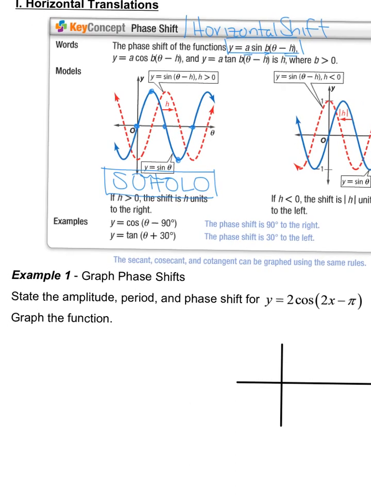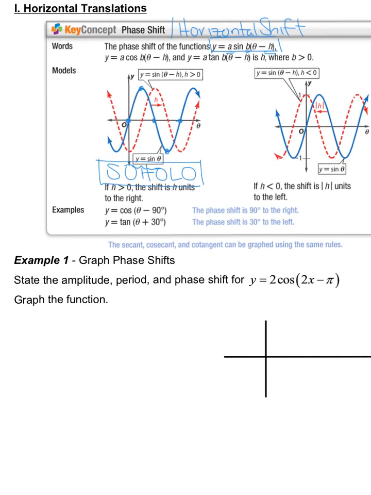But we're going to dive right into things here. So graphing on this problem here, the one thing I encourage you to do first of all is factor out b if it's in your problem. So if I take out 2 from each of those, we're going to have 2 cosine 2 parenthesis x minus pi halves. The reason we do that is then we can identify our a, our b, and our h very easily.